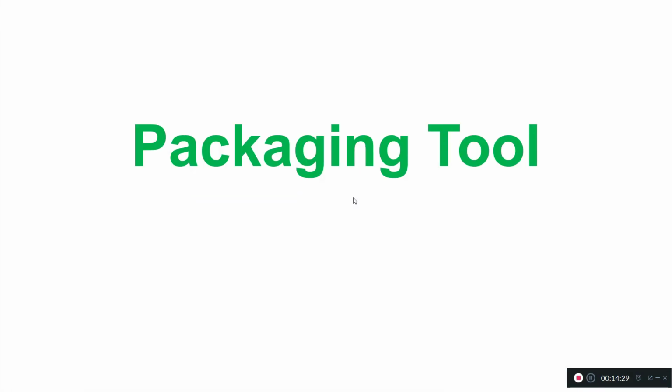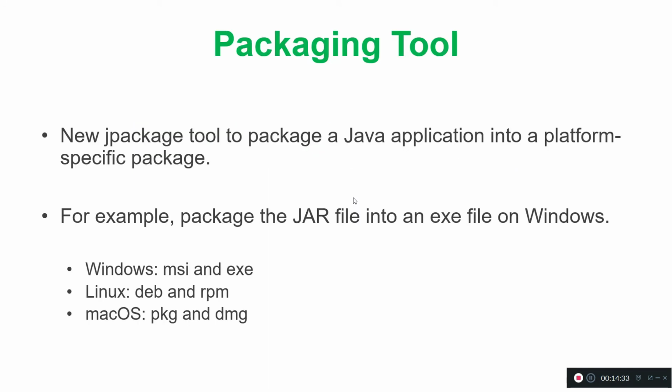Next, the packaging tool. Here it is a very good tool. Let's say I want to install my Java application on a Windows machine or Linux or Mac OS. How can I do it? There is no direct option as of now. First we need to have Java installed on the client machine, and only then can we install our software.